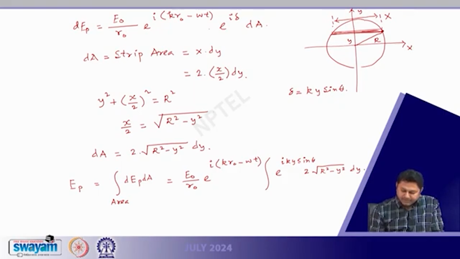Okay. And then that integration over dy means I need to go, now the y can go from 0 to r and 0 to minus r. So, eventually it goes from minus r to plus r.